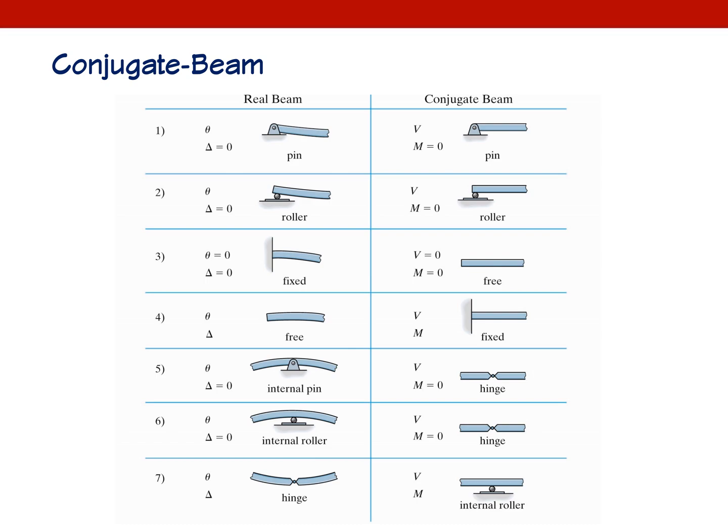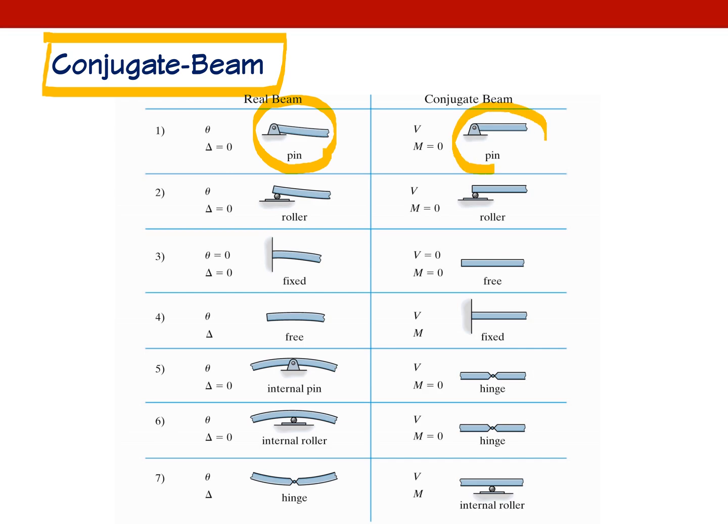Okay, how do you come up with a conjugate beam for a real beam? What you are going to do is switch your support conditions and memorize it, because this is simply a technique, so there is no analytical proof for that. Pin will be replaced by pin, so no change, right?